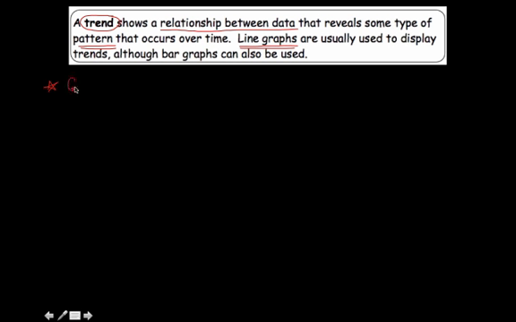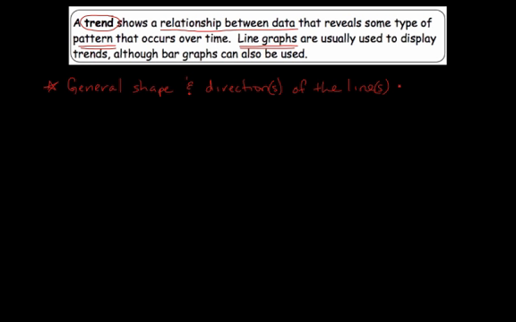So we're going to look at the general shape of our line graph or our bar graph, and we're also going to ask ourselves whether or not we can make a determination on the direction or directions of the line or lines, if there's more than one set of data being represented on the graph, depending on the type of data and how much data is being shown within that graph.